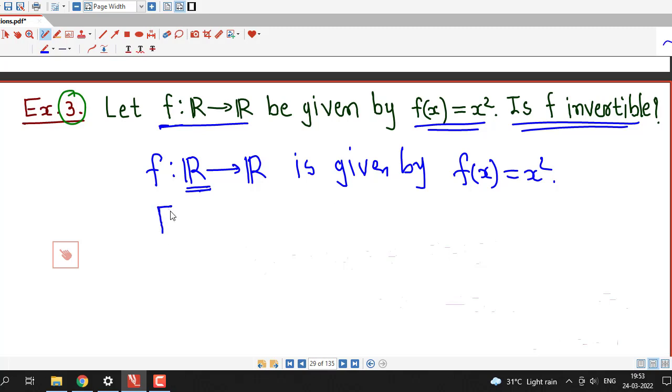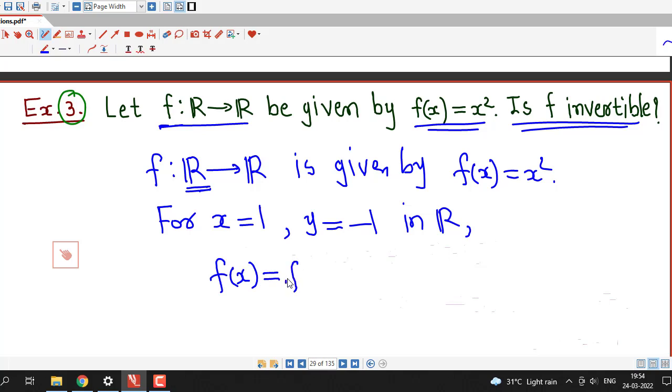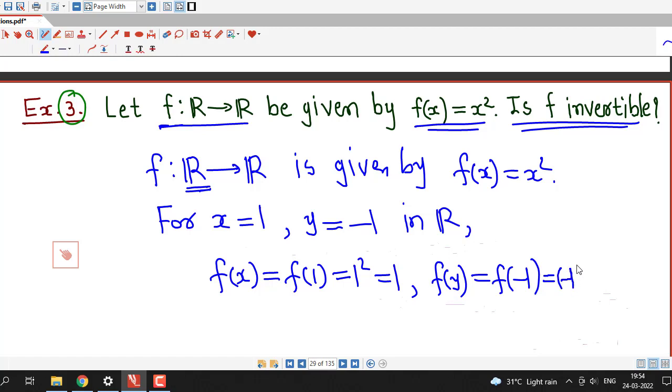Suppose I consider x equal to say 1 and y equal to minus 1 in the domain which is R. We know that f(x) is going to be f of 1 which is 1 square, that is 1, and f(y) is f of minus 1 which is minus 1 square, which is 1.